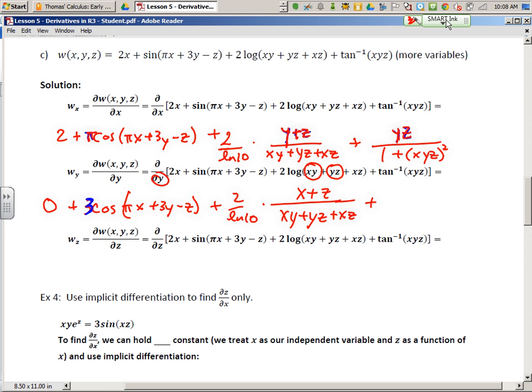Notice the answer is a lot like the one above it. That's sometimes the case. And this last term is our arctan term. We'll be treating this as 1 over 1 plus xyz squared. And the derivative of the inside is going to be xz.